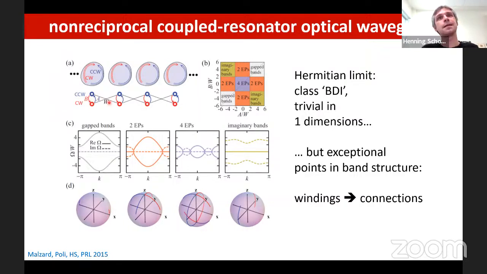And if you make A and B sufficiently different from each other, you change the band structure and you get a phase diagram. What happens is that you get branches in which the band structure is completely real or completely imaginary. And at the values of K where this changes, you have an exceptional point, so a degeneracy where two states meet and two real energies go into the complex plane.